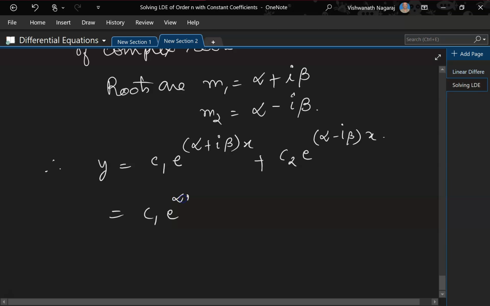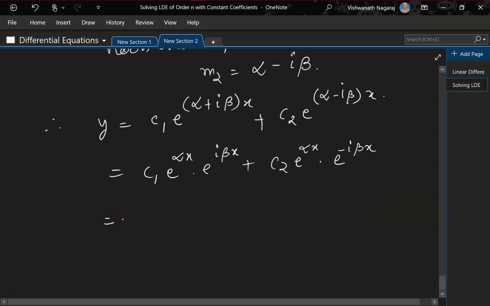C1 e to the power of alpha x times e to the power of i beta x plus C2 e to the power of alpha x times e to the power of minus i beta x.